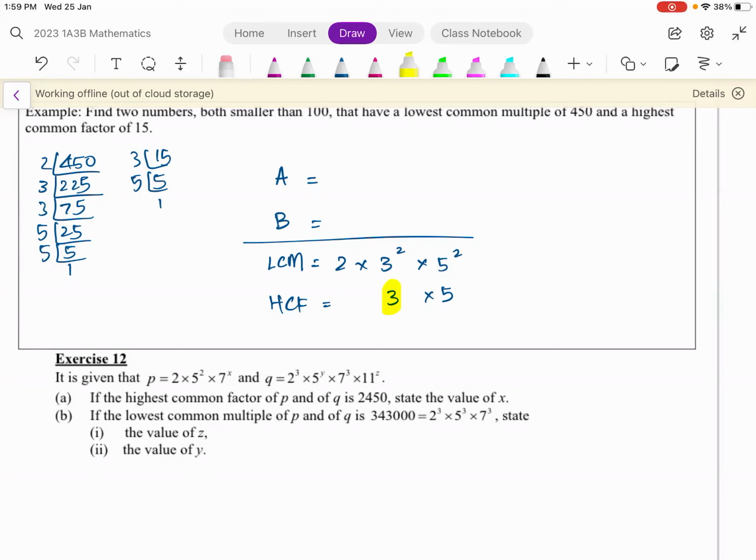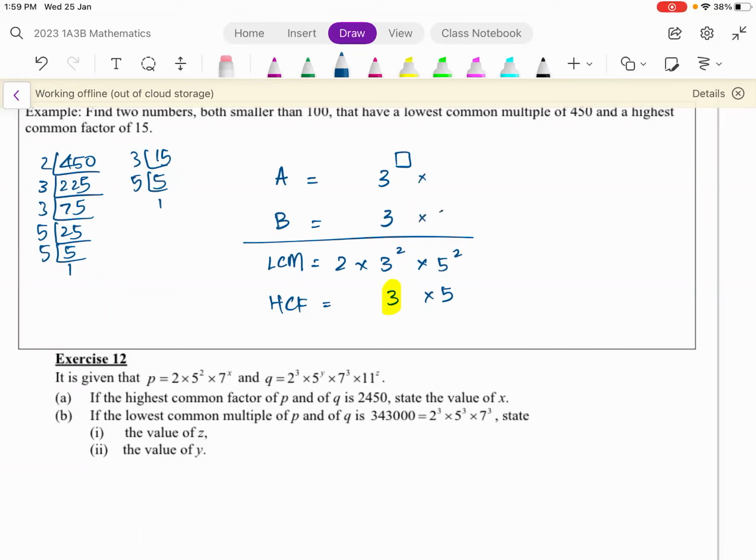Okay, so those are the things in our mind. What I know is that both of them minimally will have one 3. Agree? The power may change. Maybe this power can change, but the other one confirm is power 1. All right? What about the 5? Can I say the same thing? Yes.